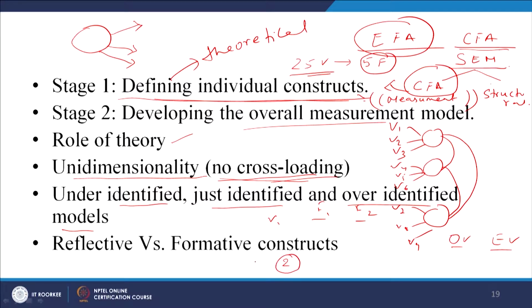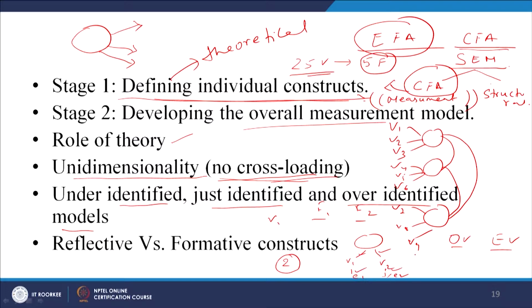This could be an under identified model. Why? There are 2 error terms, E1 and E2. So, how many parameters are going to be measured? 1, 2, 3, 4.